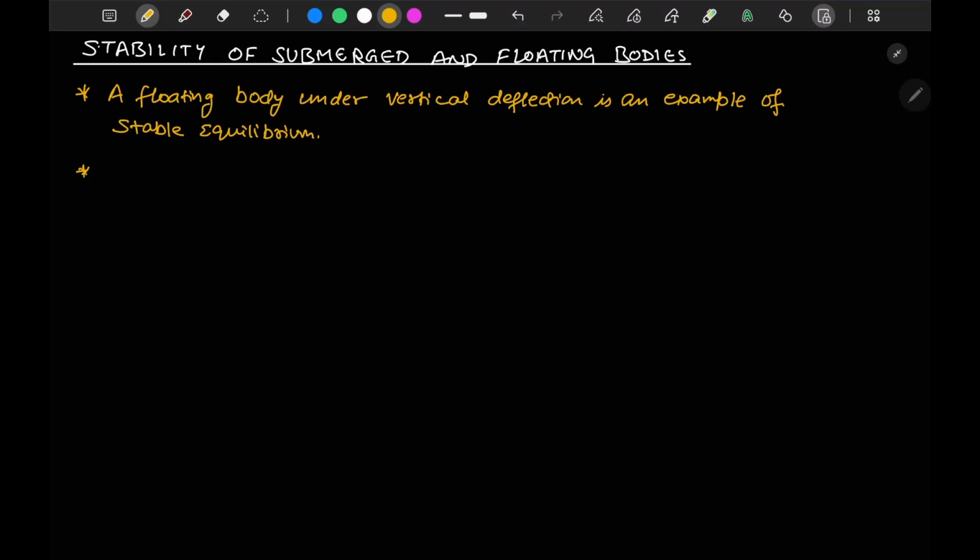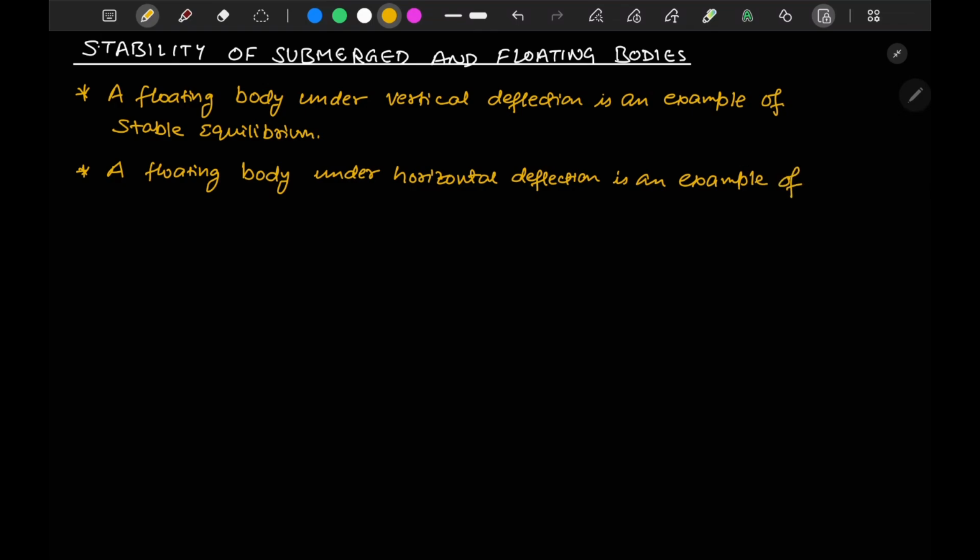Now if I talk about a floating body under horizontal deflection, it is an example of... If we displace the floating body horizontally, what will happen?